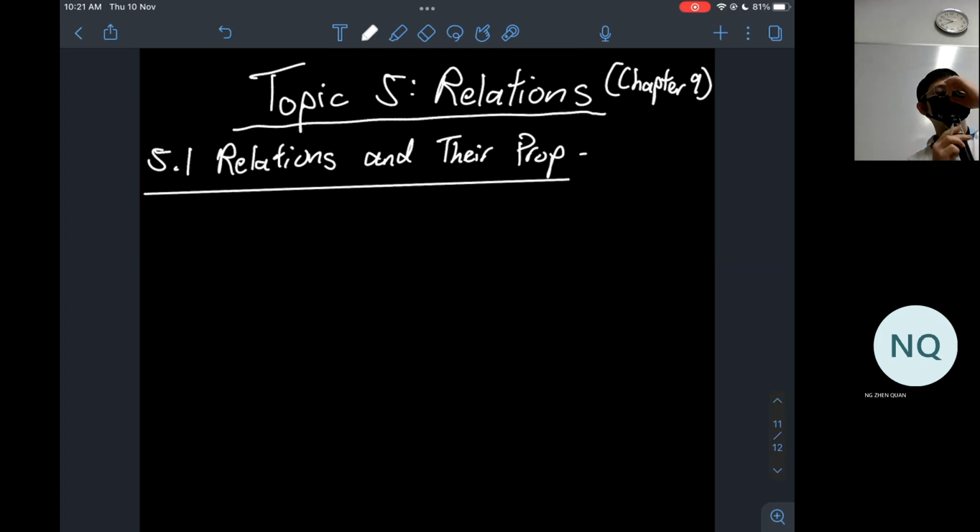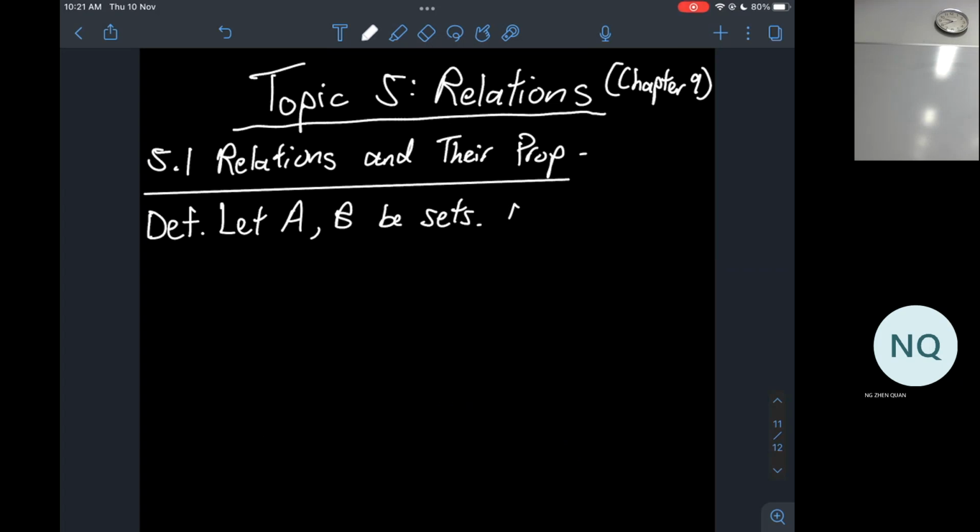When we talk about relation, we often need to start with two things. Relation between two things. So let A and B be sets. What is a binary relation?